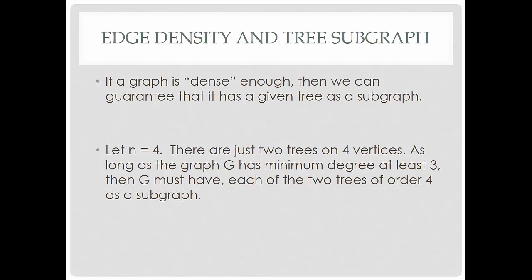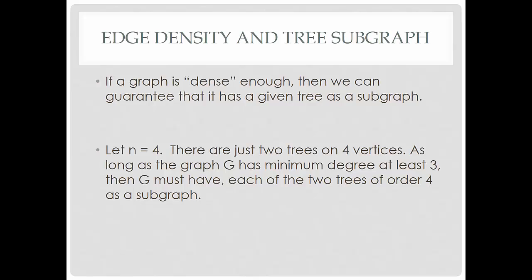So for another example, let's just say n is equal to 4. There are 2 trees that we can draw with 4 vertices. There's the path, and then there's the star, or the complete bipartite graph with 1 vertex in one of the partite sets and 3 in the other.